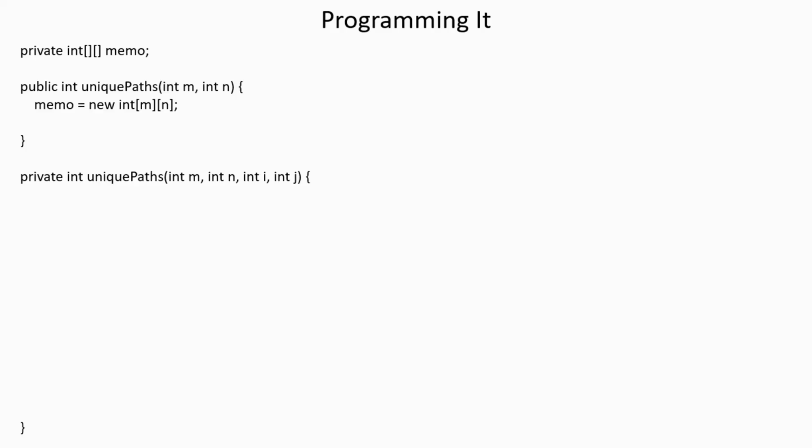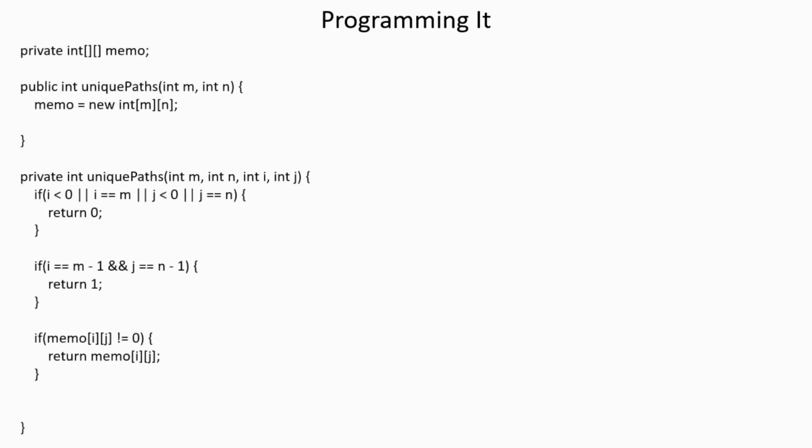To program it, we first create an int array, a 2D array called memo, of size m by n. And then we do the same thing as before. We check for out of bounds, and we check if we reach the end. And an additional check where we check if the memo array already had the value we calculated before.